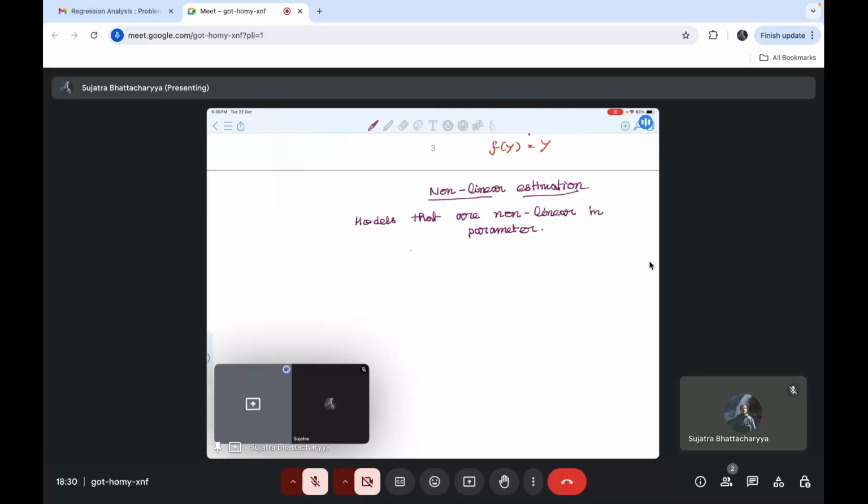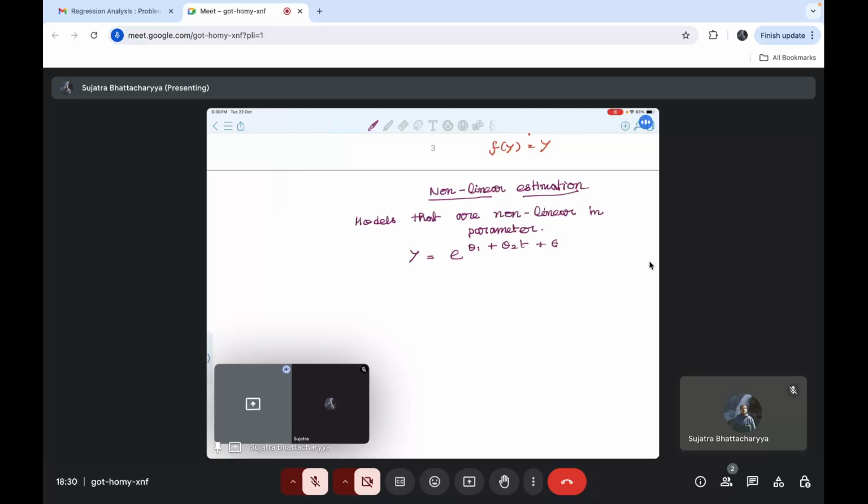For example, y is equal to, as given in the week 12 lectures, you can see, theta 1 plus theta 2 t plus epsilon. See, exponential function itself is a nonlinear function, and you can see that the parameters here are theta 1 and theta 2.